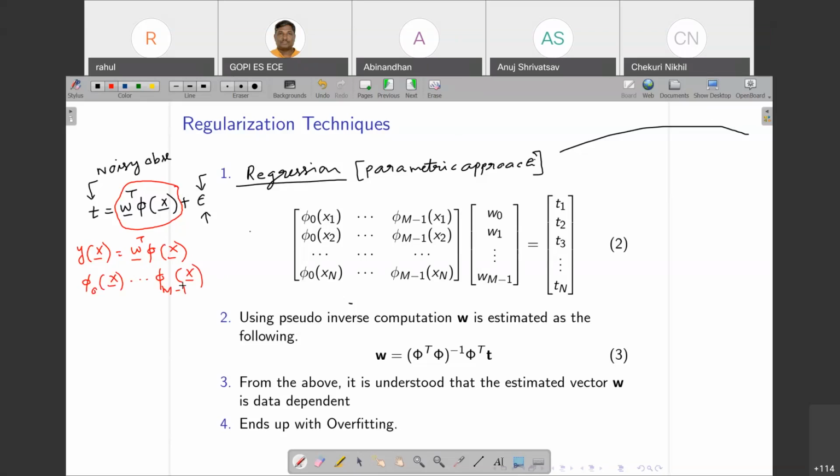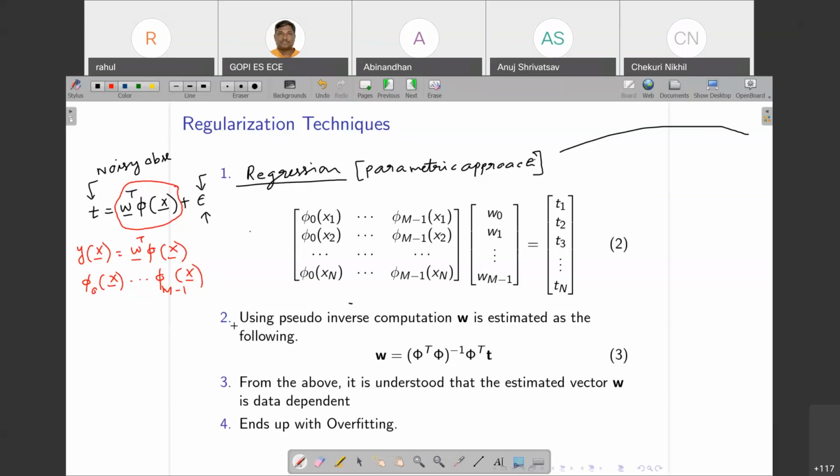Suppose I have m basis functions; we have m tuning parameters available, for example with a Gaussian basis. In practice, we use phi naught of x as 1.